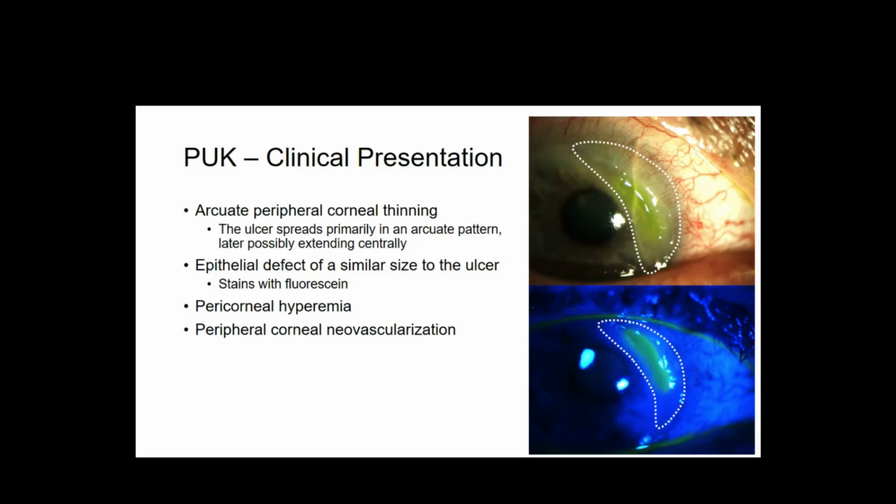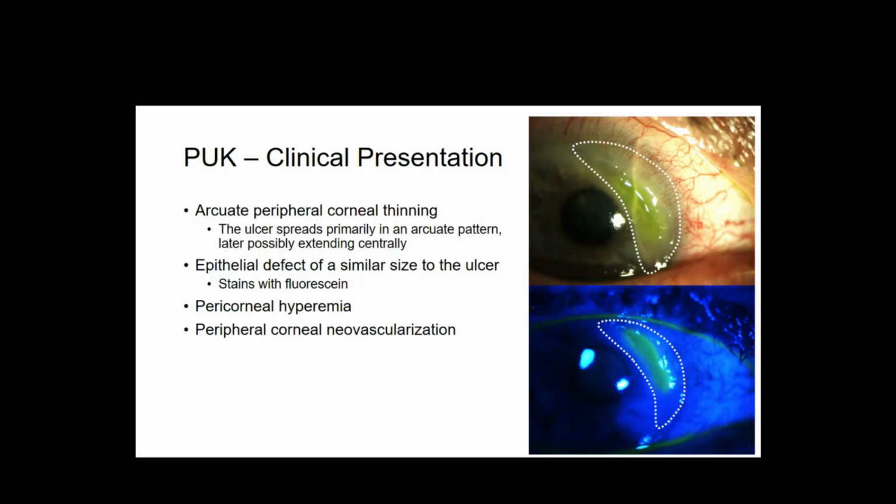Clinically, we see normally a peripheral lesion. It's an arcuate lesion that spreads along the limbus and does not really spread to the center unless it's a very severe form.